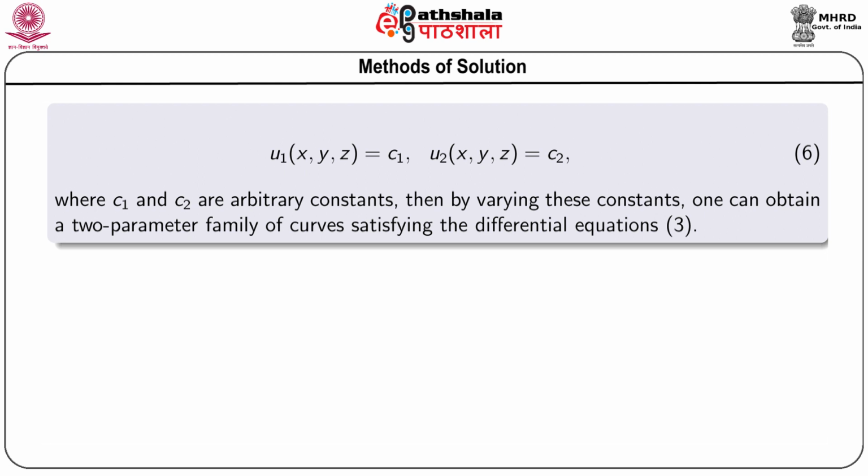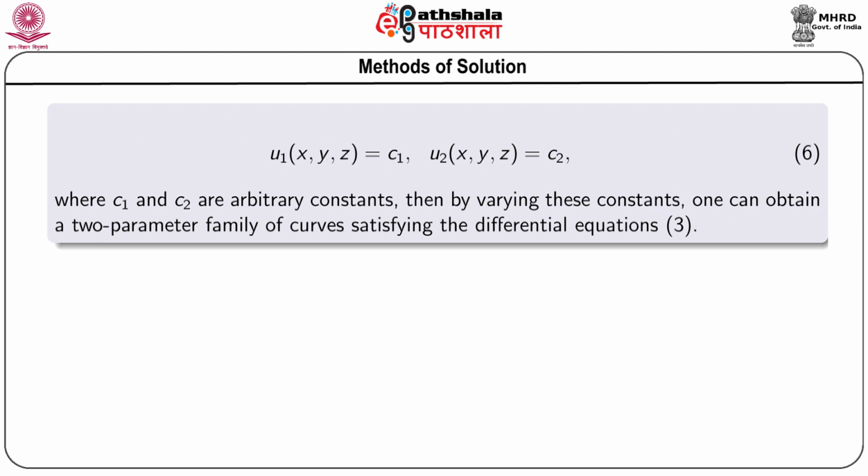And we have already read that a function u1 xyz equals C1 represents the equation of a surface, and u2 xyz equals C2 represents the equation of another surface, but these two equations together represent the equation of a curve.